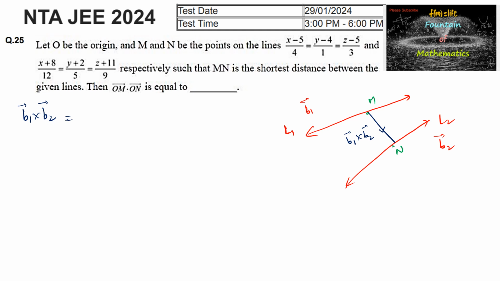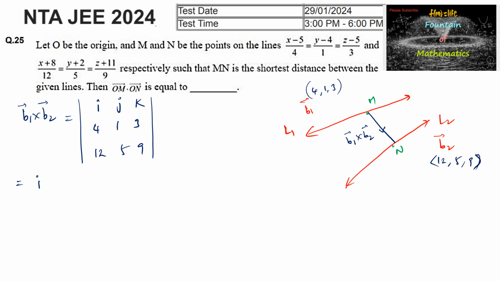Since the direction ratios of b1 are 4, 1, 3, we can consider the vector 4i + j + 3k, and b2 has direction ratios 12, 5, 9, so 12i + 5j + 9k.